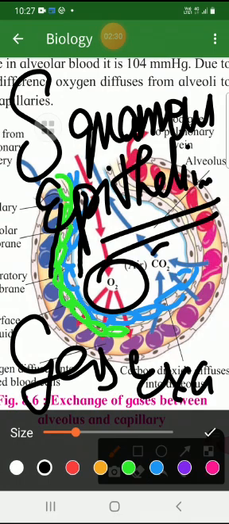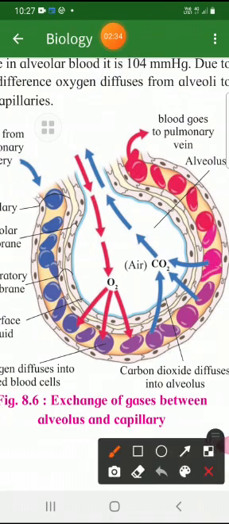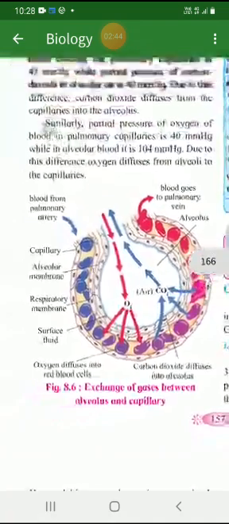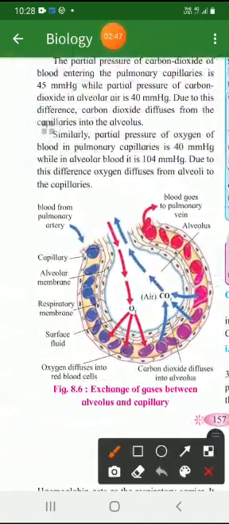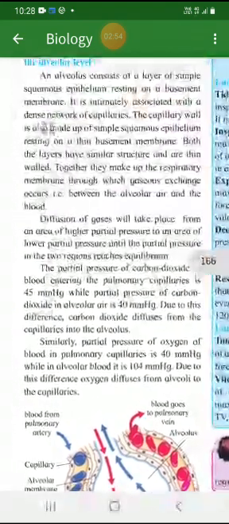Which gas? Oxygen and carbon dioxide. तो जो दो लेयर के बारे में बात करी थी, फर्स्ट एंड द सेकेंड, ये दोनों लेयर मिलके बनाते हैं हमारा respiratory membrane. Can you see here? Respiratory membrane. ये वाली लेयर और ये वाली लेयर, दोनों लेयर मिलके बनाते हैं हमारी respiratory membrane.